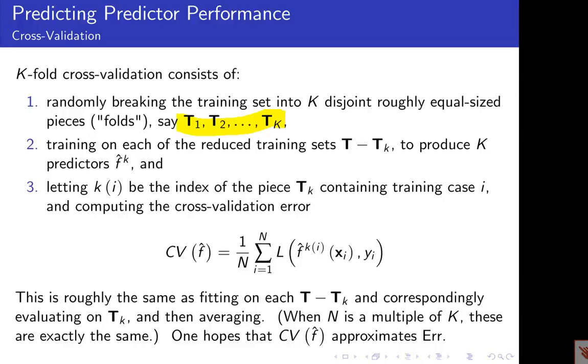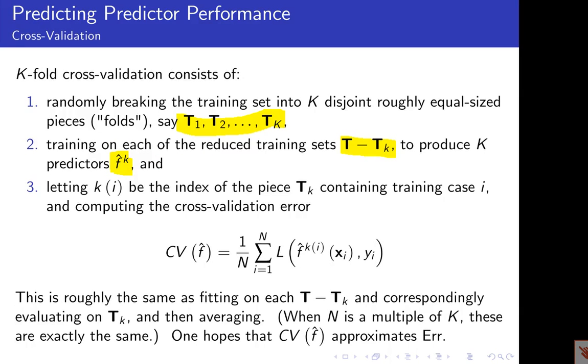Just do the breaking up in a random fashion, and then train on the training set minus each one of the folds, the smaller pieces of the training set, to produce capital K predictors, f hat super little k.